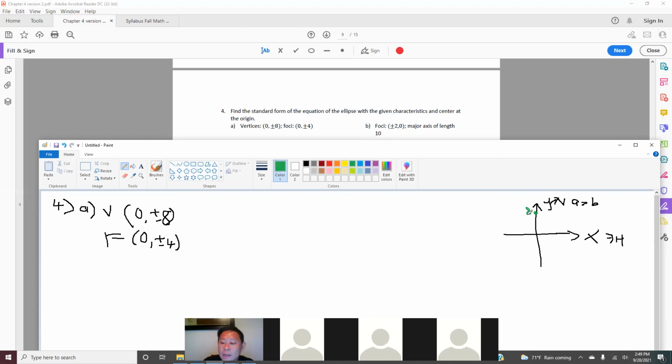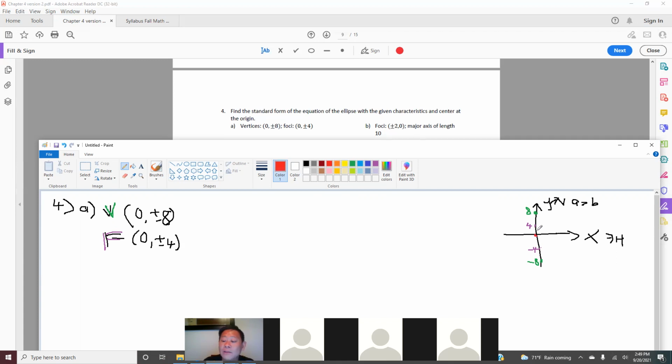So this is 8. This is negative 8. So this is your vertex in green. And your foci in purple are also on the y-axis: 4 and -4. This is the foci. And your center, which is red, is right at 0.